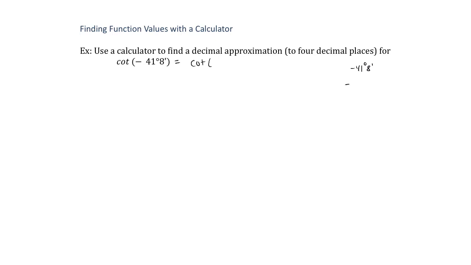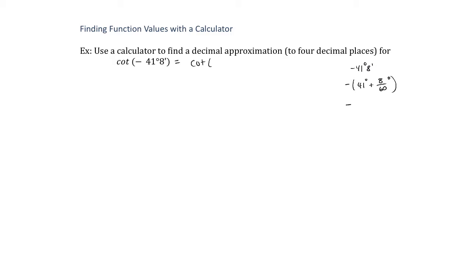That's really the negative of the whole thing: 41 degrees and 8 over 60 minutes. Okay, so that can be confusing too. Sometimes you get that little decimal. What is that? That is 1.33 divided by 60.